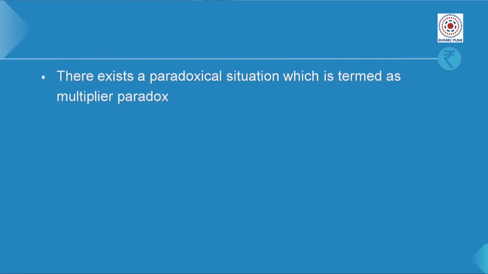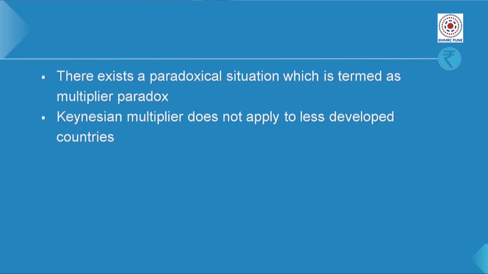Therefore, there exists a paradoxical situation which is termed the multiplier paradox. Therefore, it is said that the Keynesian multiplier does not apply to less developed countries. This is because the assumptions and conditions of the multiplier do not hold true for less developed countries.